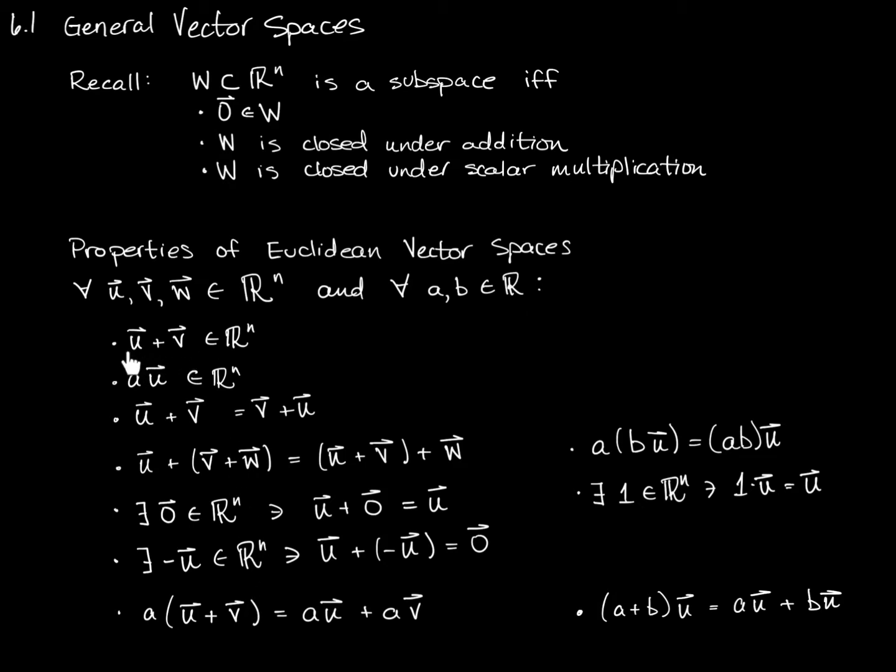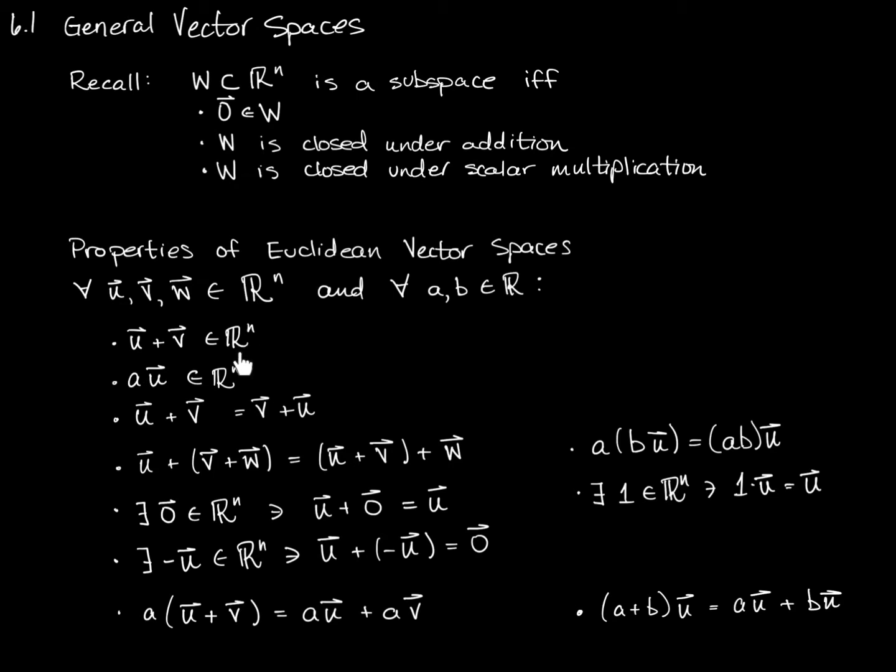When you add two vectors together, the result is another vector in that space. So you add two vectors together, you get another vector. Not only that, but if you add two n by 1 vectors together, you're going to get an n by 1 vector. So it's in the same space. That's what it means to be closed, by the way.